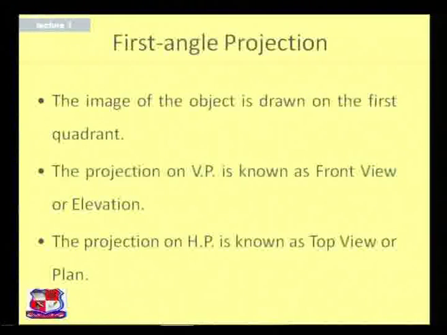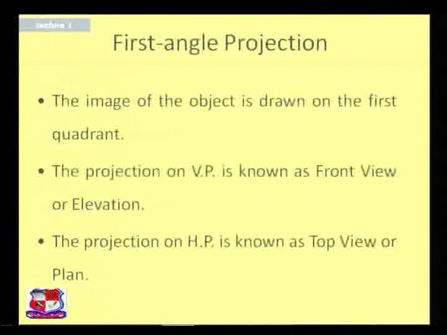In the first angle projection method, the image of the object is drawn on the first quadrant only, as I explained before. The projection on the vertical plane is known as the front view or elevation.